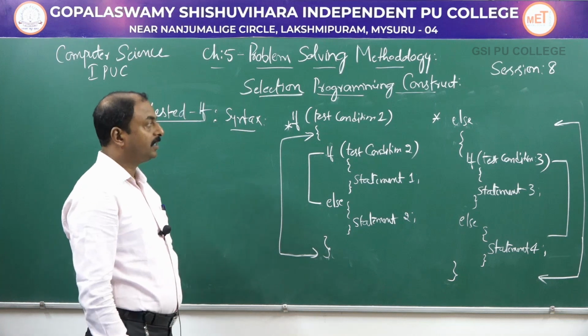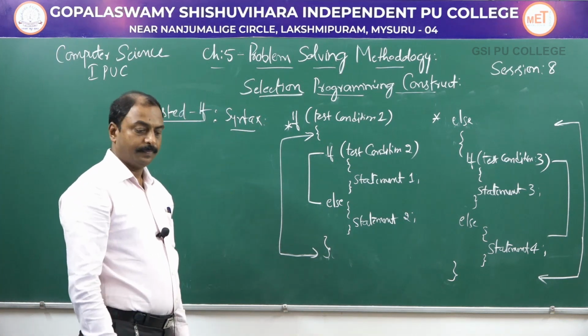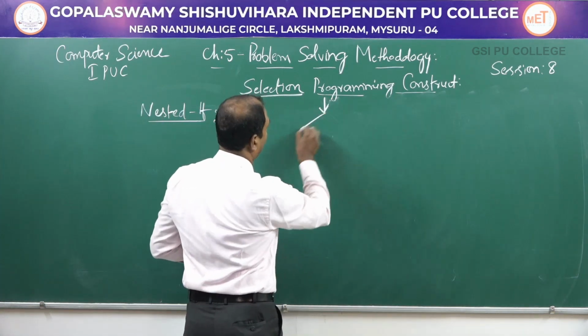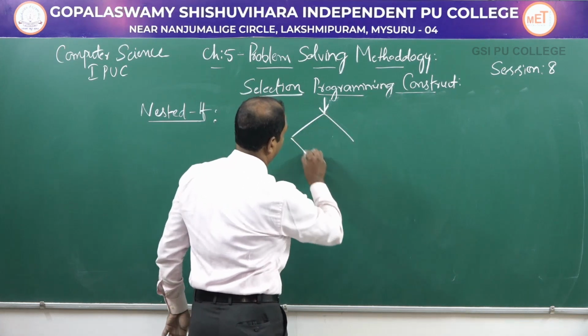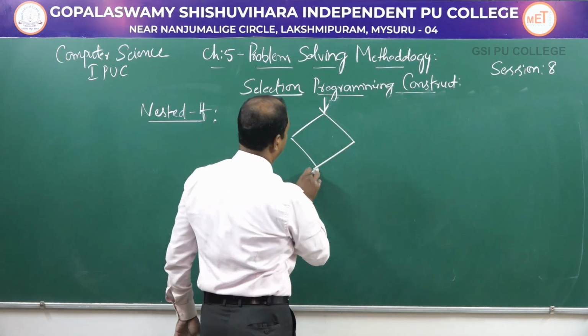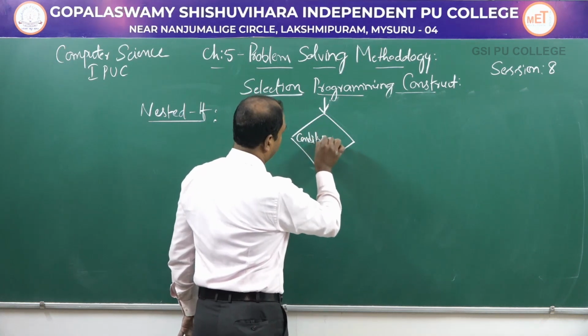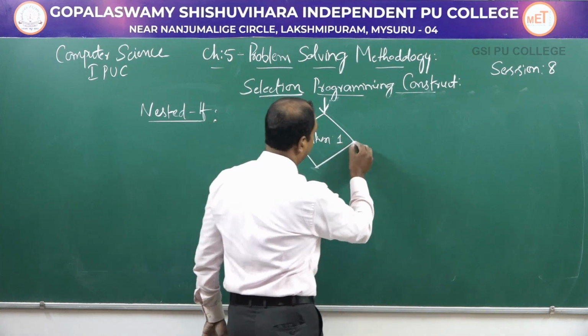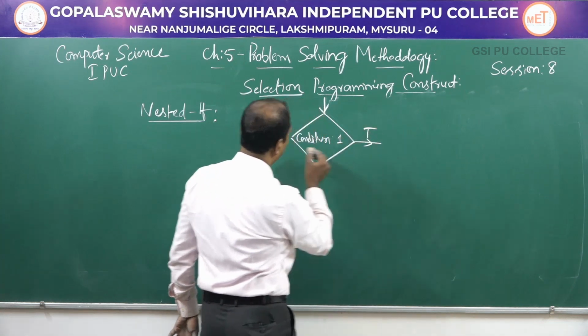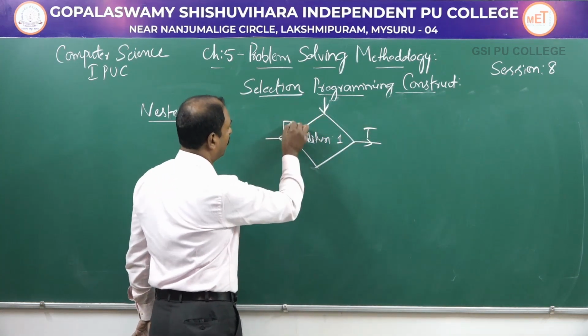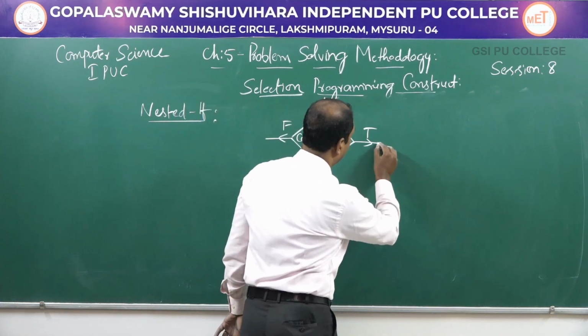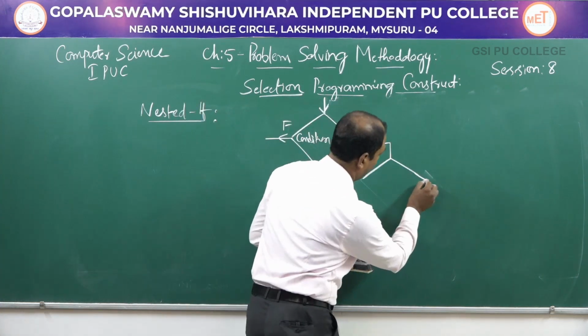Now let us see the flow chart of the same. This is test condition 1, it is true, and this is false. If it is true, it has to execute.